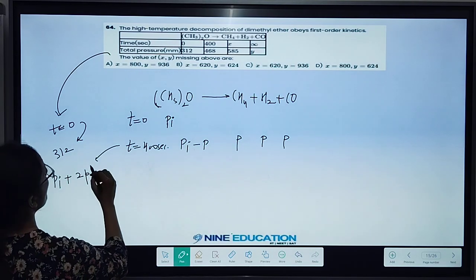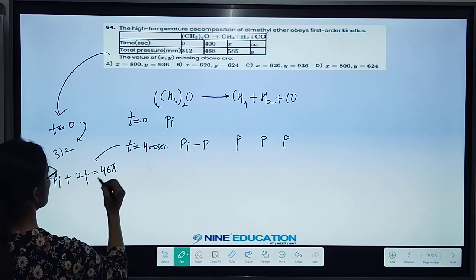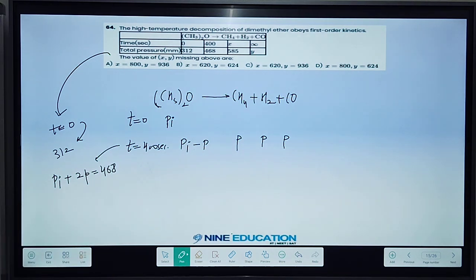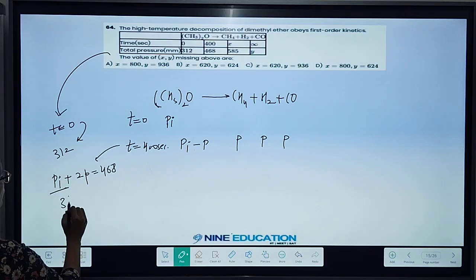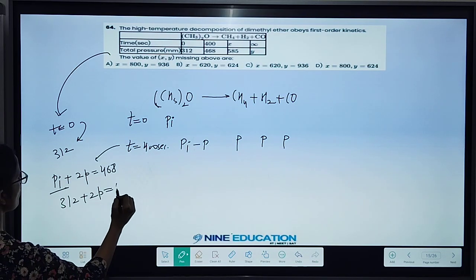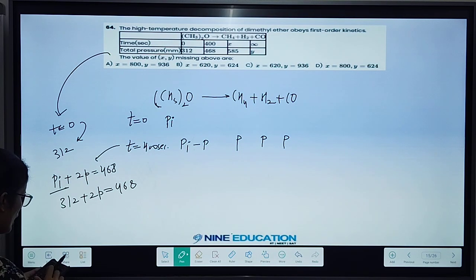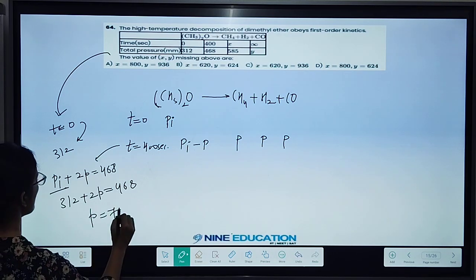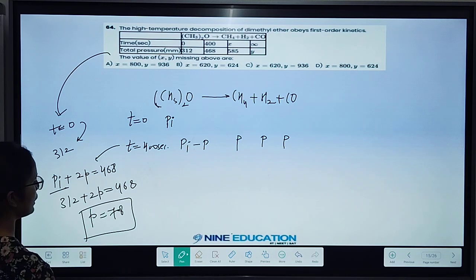It will be 468, the data they have given for 400 seconds only. And Pi we already know, which is 312. So 312 plus 2P is equal to 468. Now, solving it quickly, P is 468 minus 312 divided by 2, so a simple calculation gives P equal to 78.